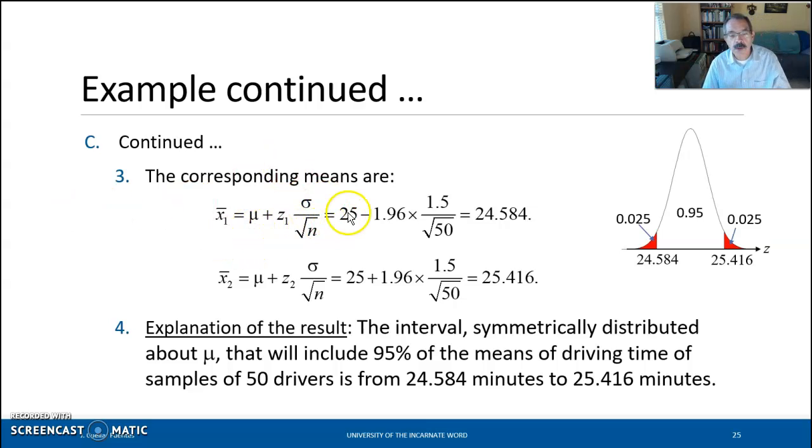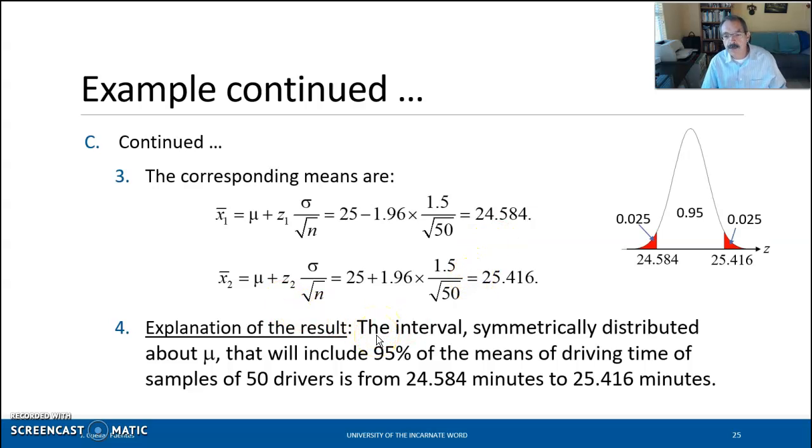Again, we know all the values. We determine the z values for the lower limit and for the upper limit, and we find that for the lower limit, the average is 24.584, and the upper limit is 25.416.